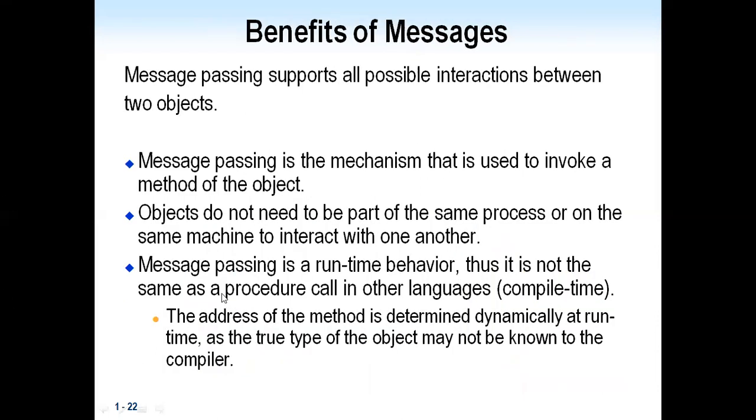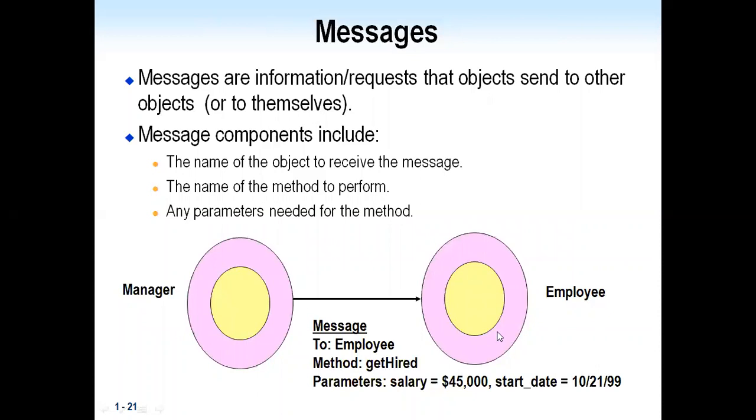Suppose here there is a manager object and an employee object. The manager sends information to the employee by using a message: the employee's name, the method get hired, and the parameters, that is salary and starting date. So the manager sends the information to the employee.